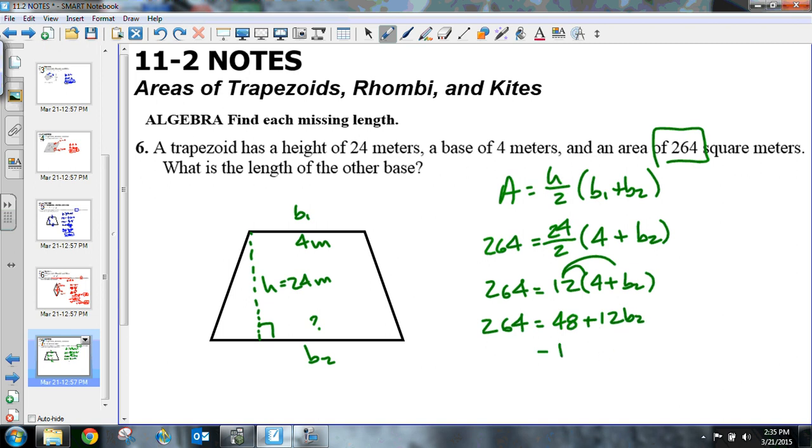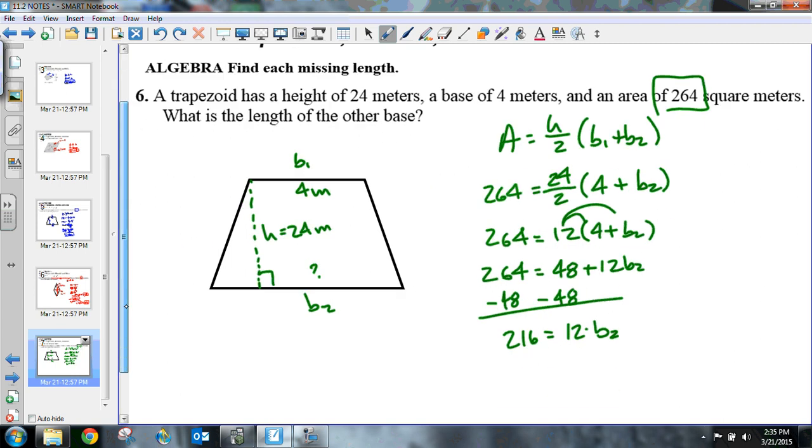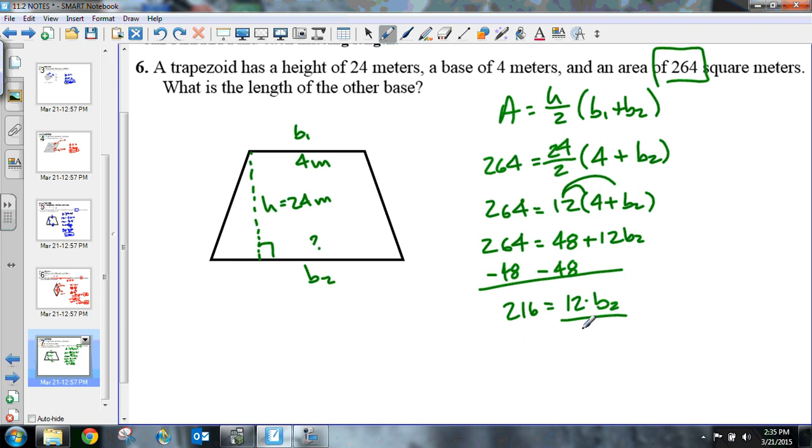Okay, I can subtract 48 from both sides. And I end up getting, what do I get here? 216 is equal to 12 times b sub 2. All right, and so then if I divide this by 12, and by 12, I end up getting that b sub 2 is equal to 18, and this is in meters.